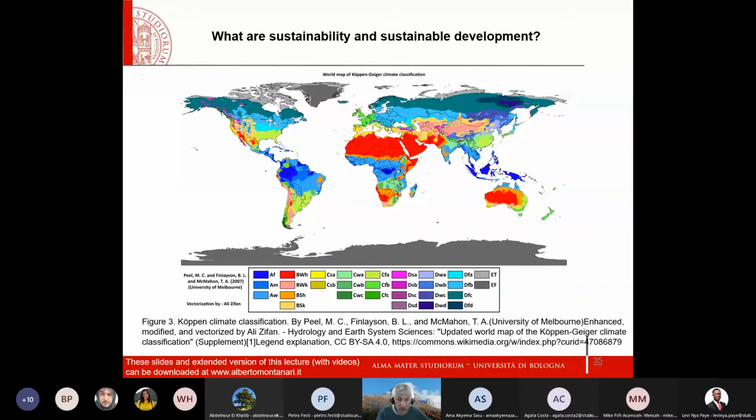Finally, we get to the fourth climate category, which is the dry climate, and the dominant color is dark blue gray, and it's a typical climate of the cold regions. It's a climate where usually water is available.